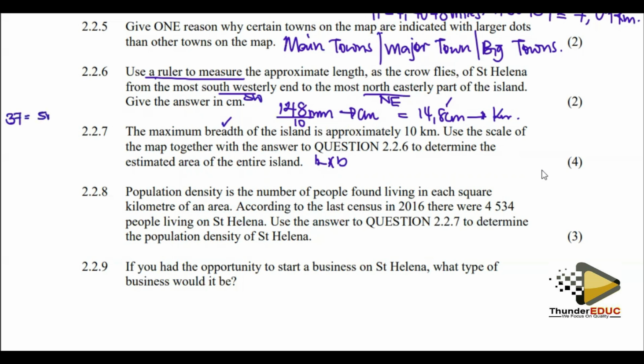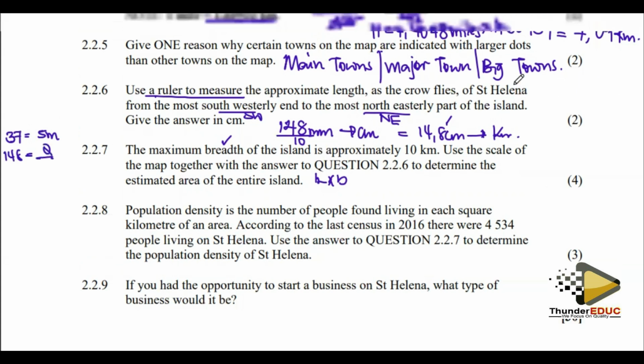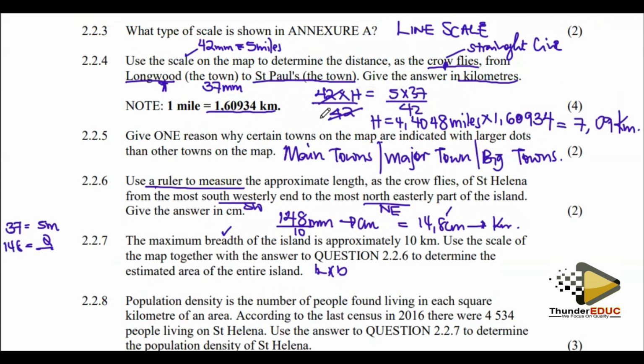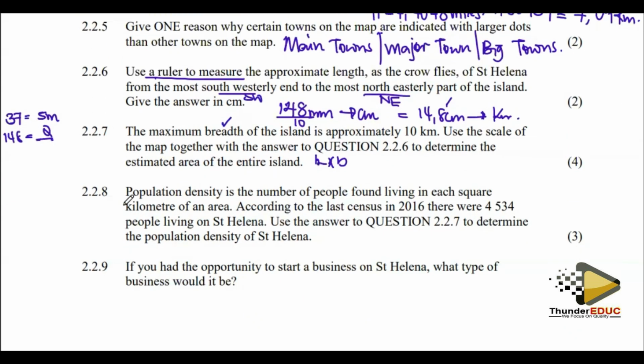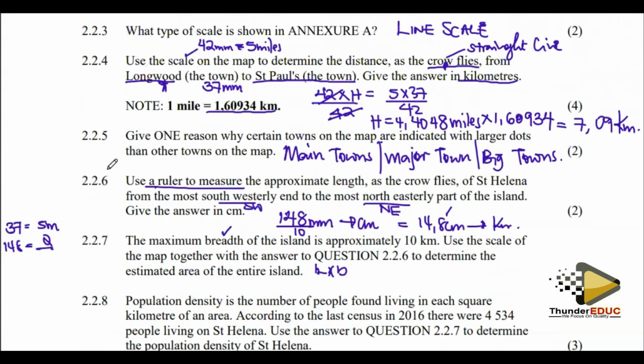Remember my scale was 42 millimeters, they give me 5 miles. Then what about if you have 148? Remember it was in millimeters.